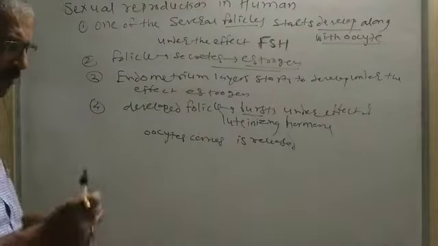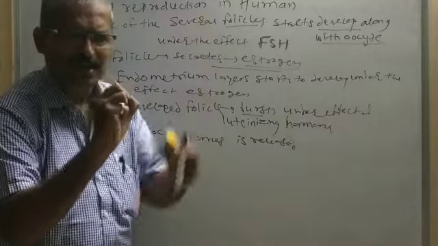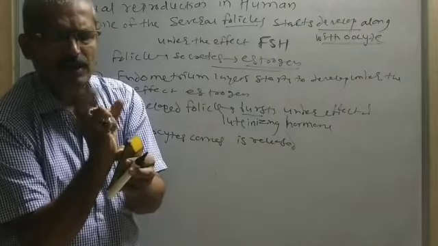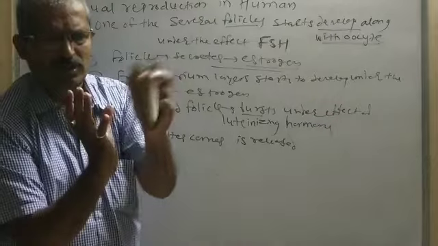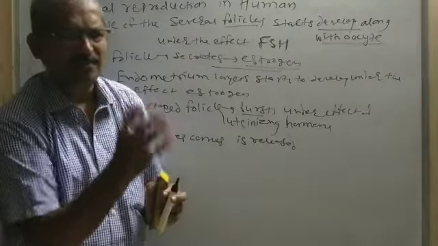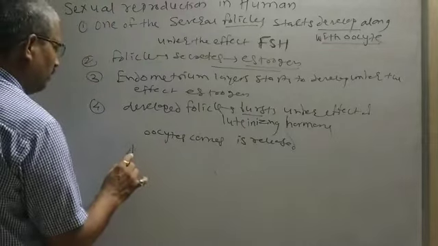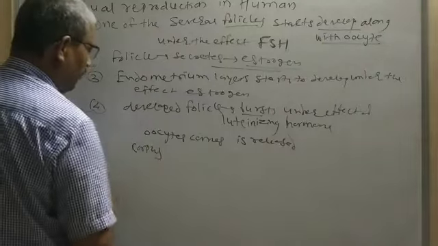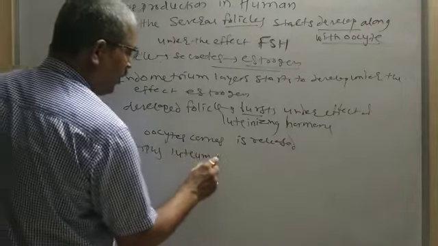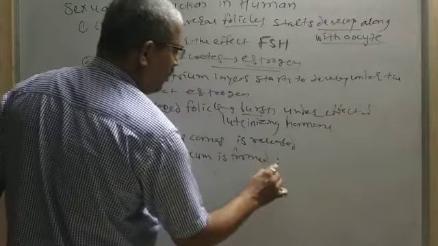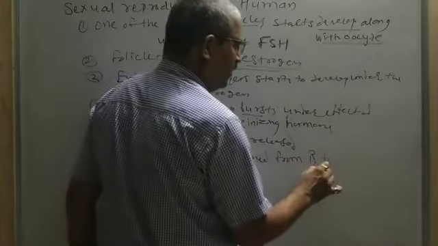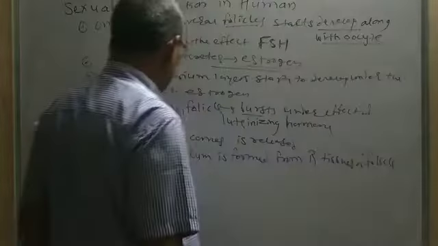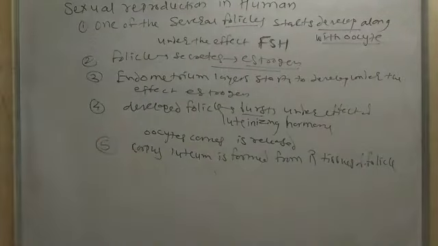When the follicle bursts, the egg cell comes out, and the remaining part stays. Then the corpus luteum is formed from the remaining tissues of the follicle. That is step number 5.